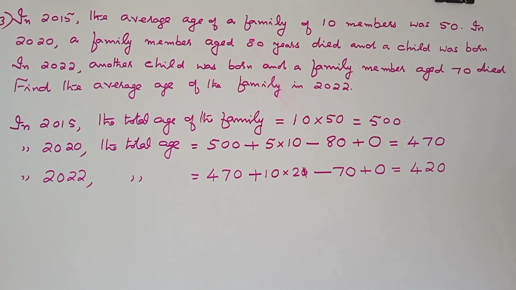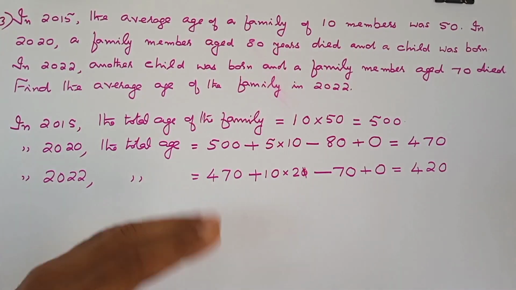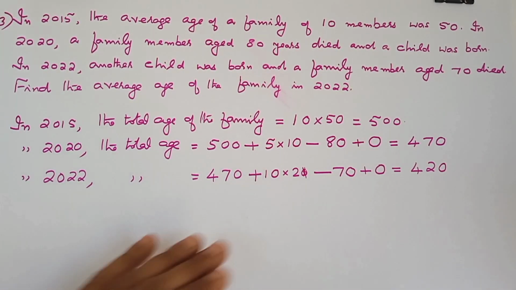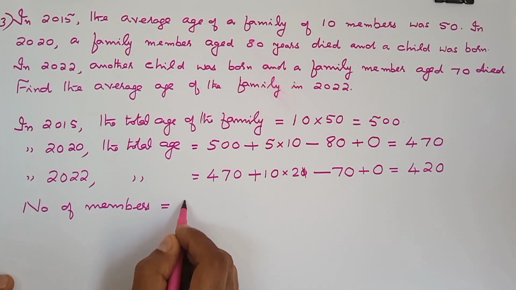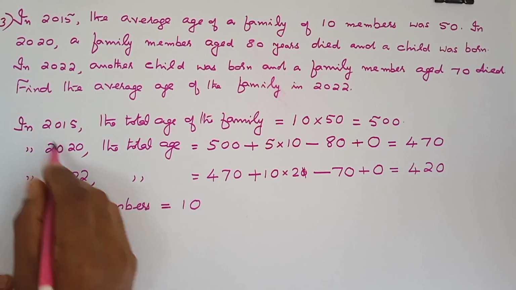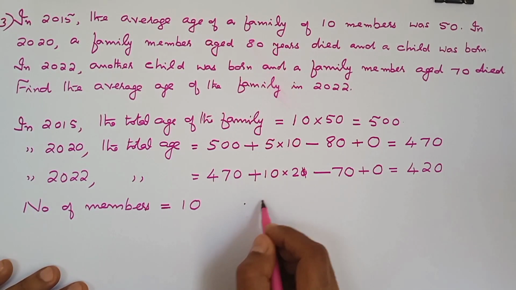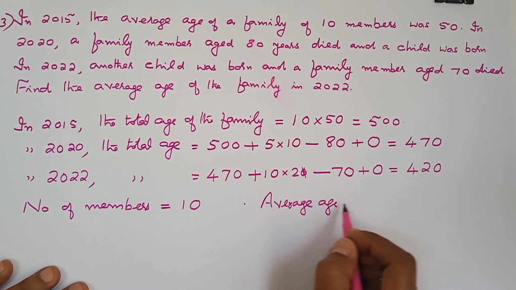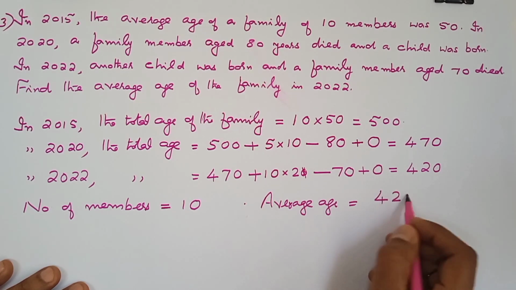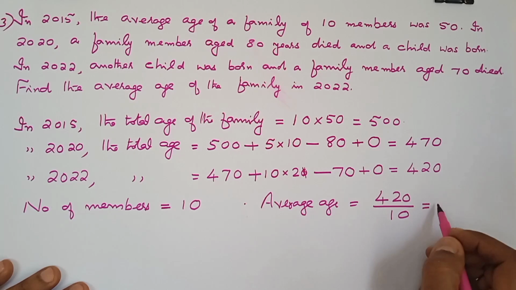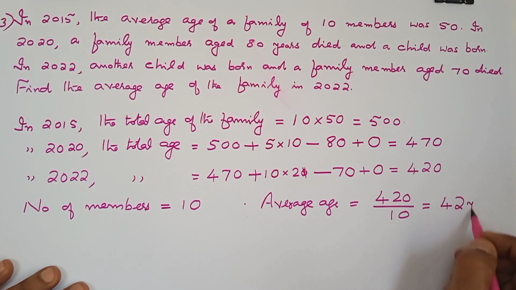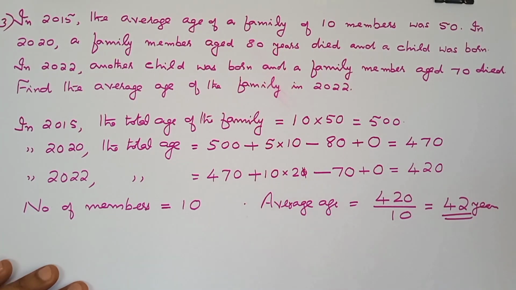So 420 is the total age of all the members in the family, and the number of members is still the same as we had started with in 2015, which is 10. So average age will be total age divided by number of members in the family, which is 42 years.